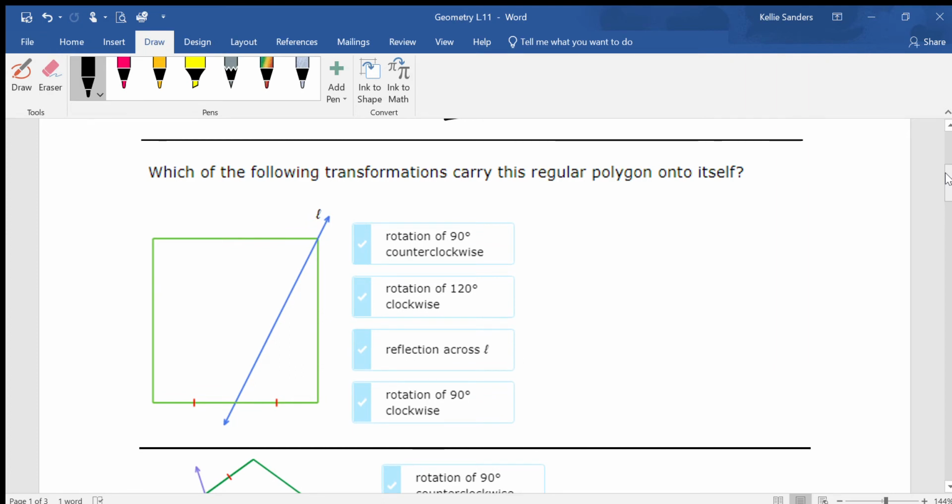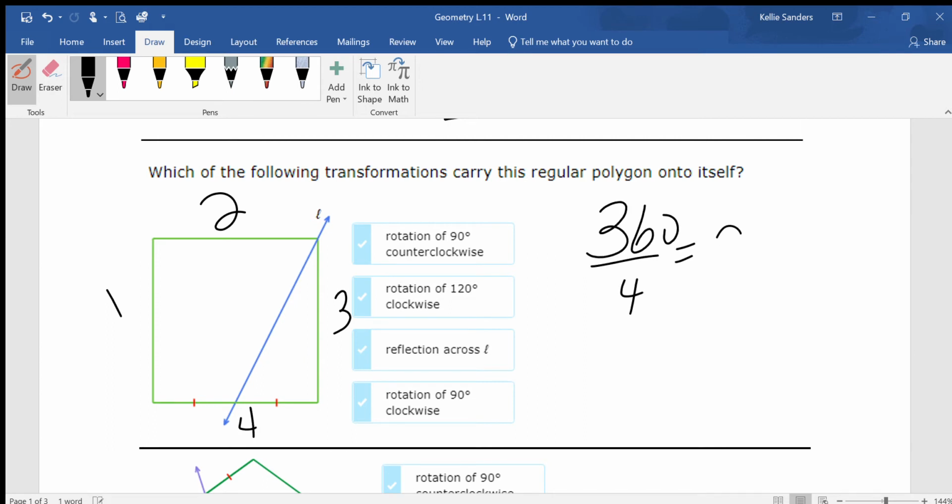Which of the following transformations carry this regular polygon into itself? So how many sides do we have? 1, 2, 3, 4. So if I take 360 and divide by 4, we get 90. So if I rotate it 90 degrees either way, it's going to go to itself, or any multiple of 90.